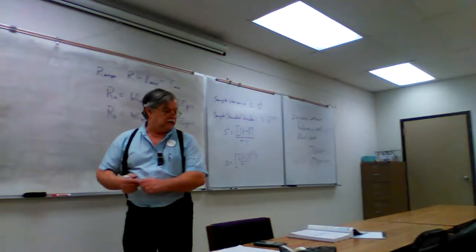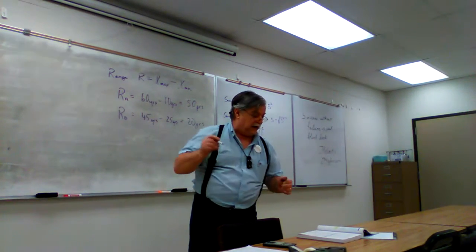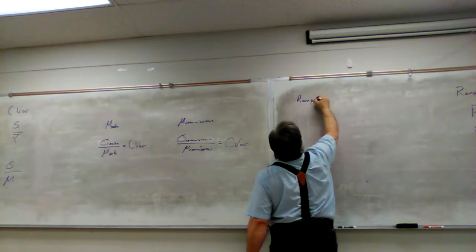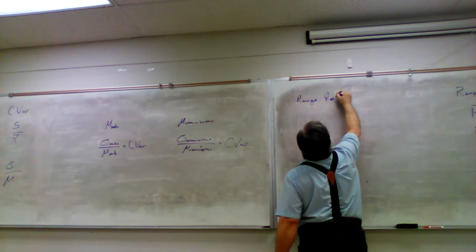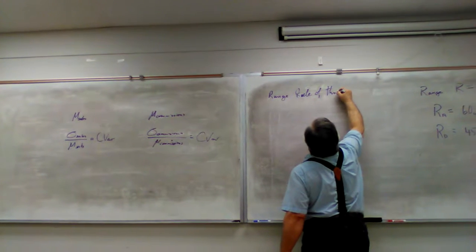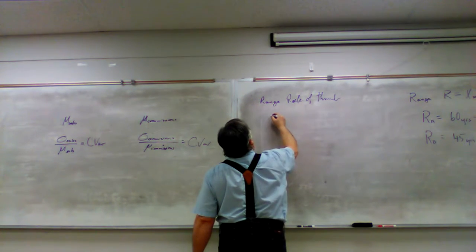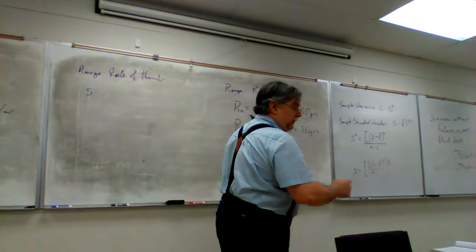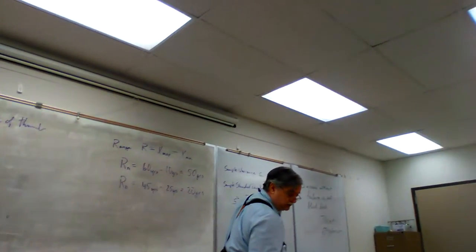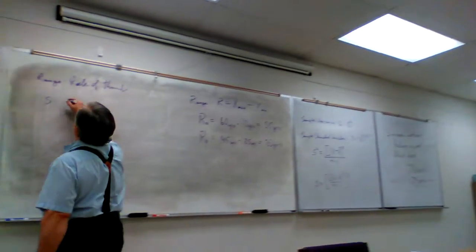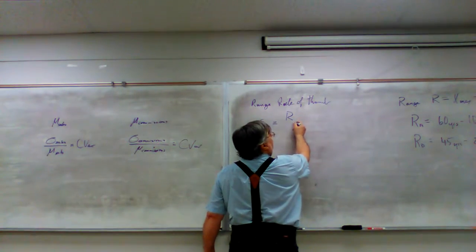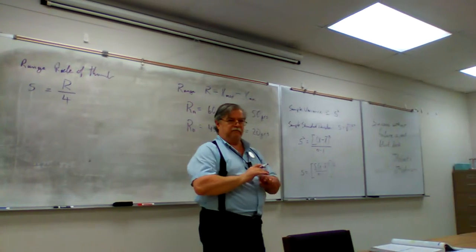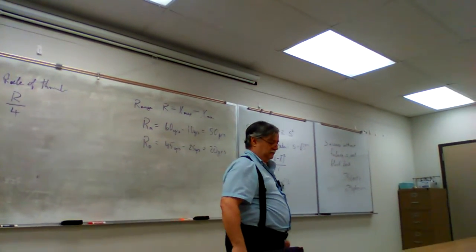And it holds that a rough estimate of the standard deviation, sample or sigma, is R divided by 4. That's just a very rough estimate.